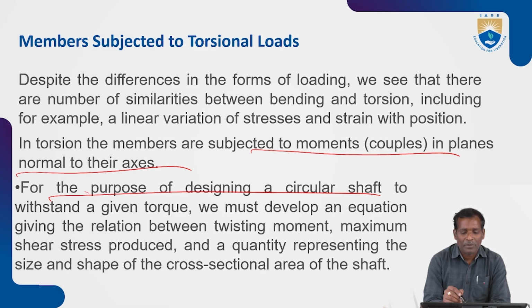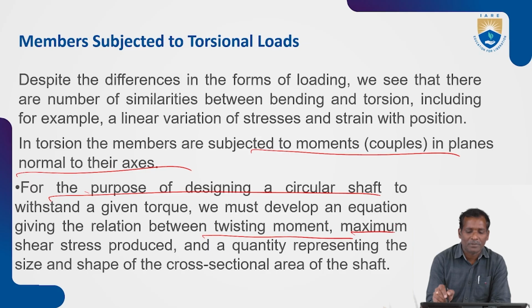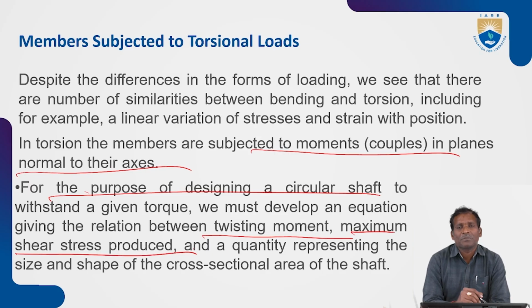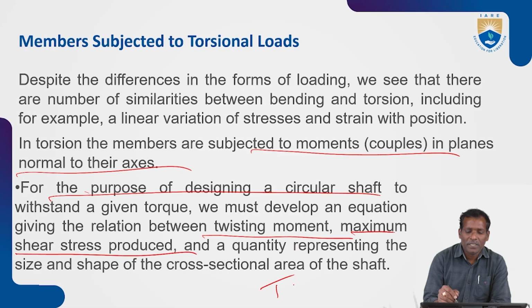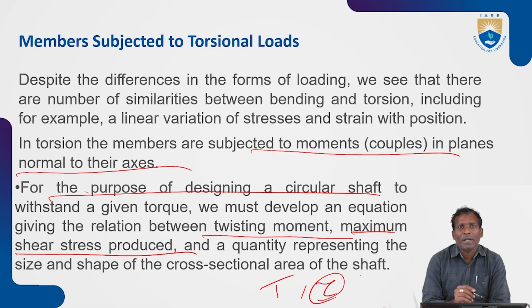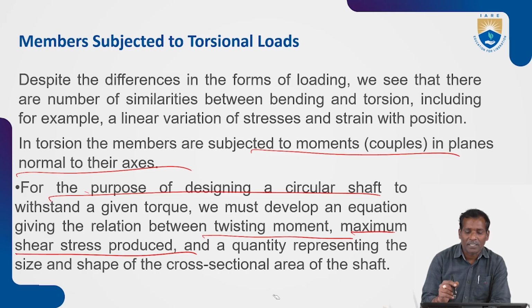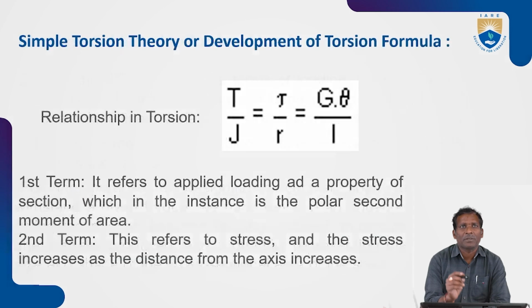So the relation between twisting moment and maximum shear stress produced. So what is the twisting moment T and how much shear stress is produced? A quantity representing the size and shape of the cross-sectional area of the shaft. So that relation gives the equation, the torsion equation.